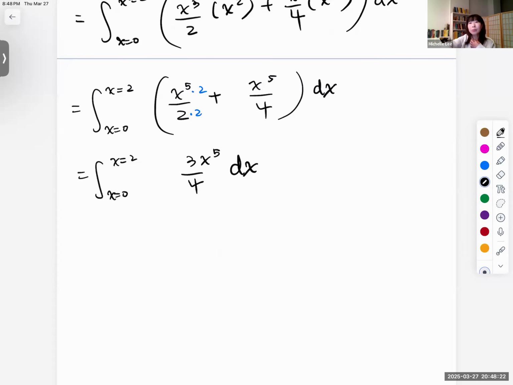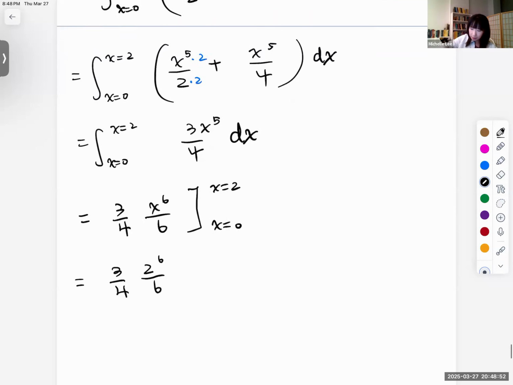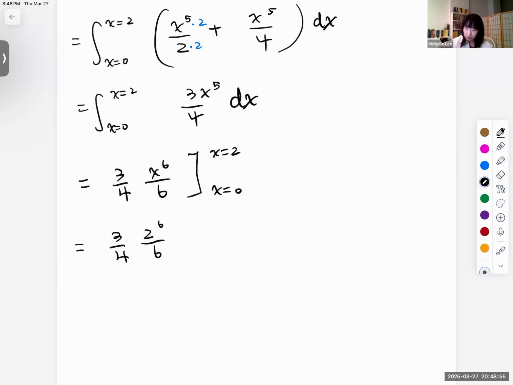Okay, now integrate with respect to x: x to the sixth power over 6. We want to evaluate x equal to 0 to 2, right? Okay, now 3 over 4 and 2 to the sixth power over 6.